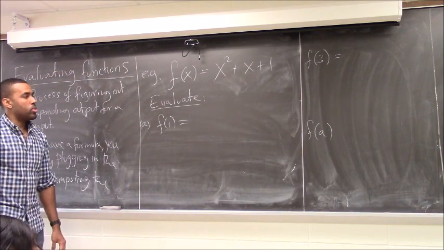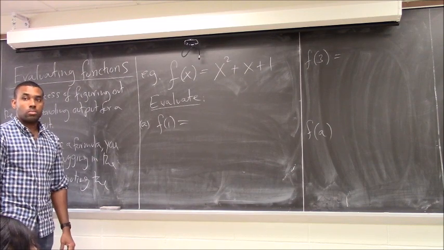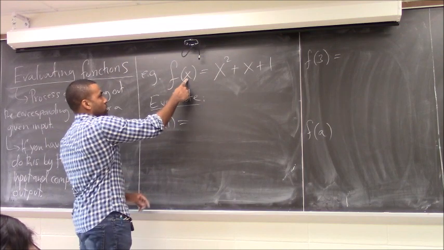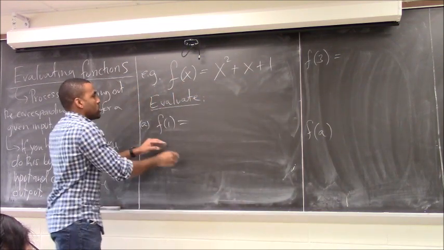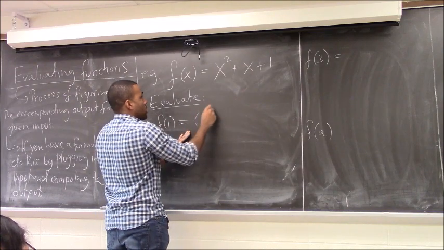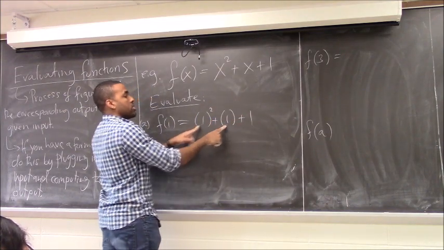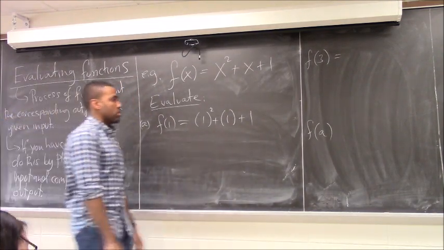How would we evaluate this function f of 1? Just plug 1 in for x. So if x is here, you square it, you add it, then you add 1. So 1 is just going to replace the x's everywhere. Each instance of x is replaced by whatever is in the parentheses over here.